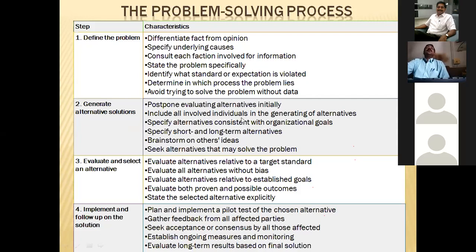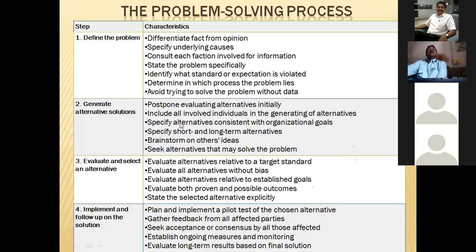Include all involved individuals in the generating of alternatives. So we have to involve all these individuals. If there is a group of people with the problem, we have to generate the alternatives with the people, and include all of them.